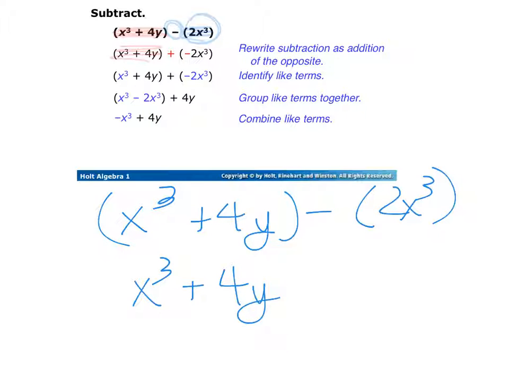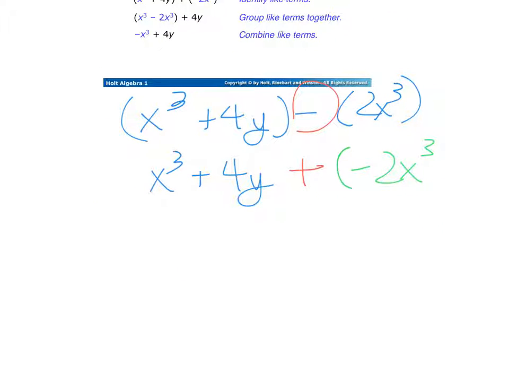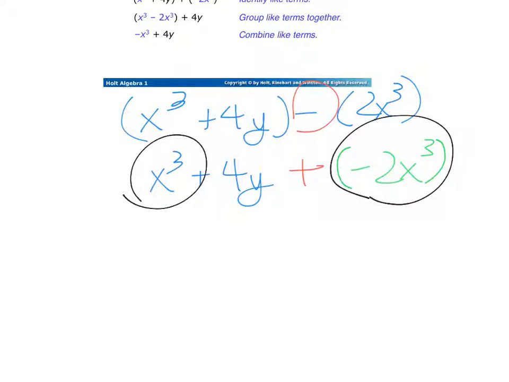I'm going to change this subtraction sign to addition, and then I'm going to flip the sign of my second polynomial. And now I go through and combine like terms. So this is now going to be these 2 that I can group, and I get negative 1x to the third plus 4y.